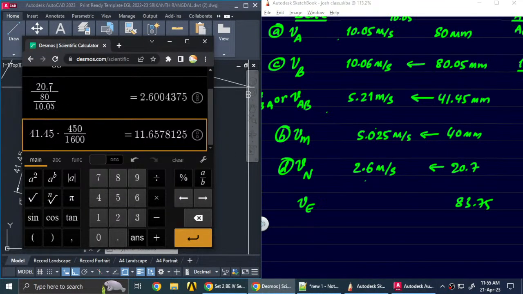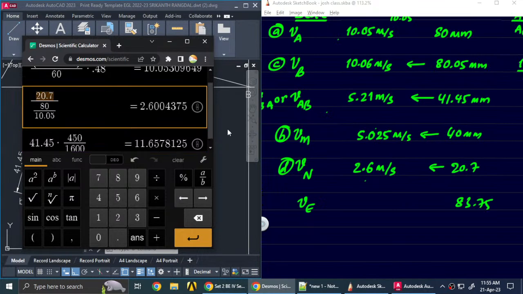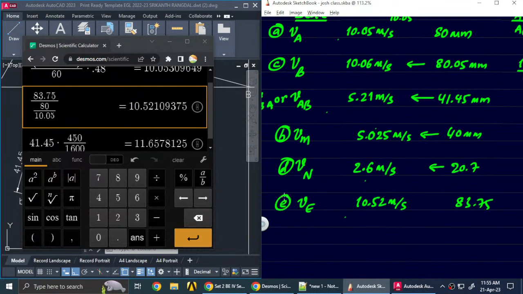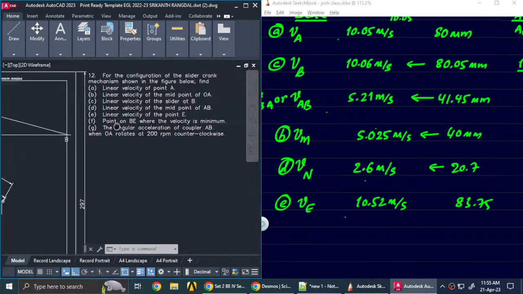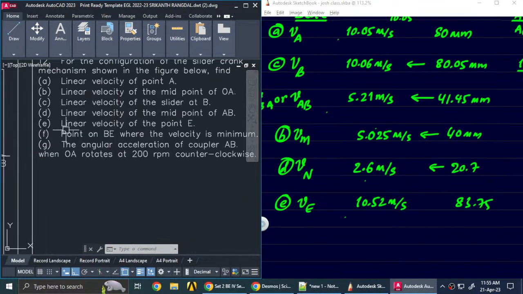This we need to convert again. So 83.75, we're getting 10.52. So 10.52 meters per second, that is the velocity of E. And that was E.